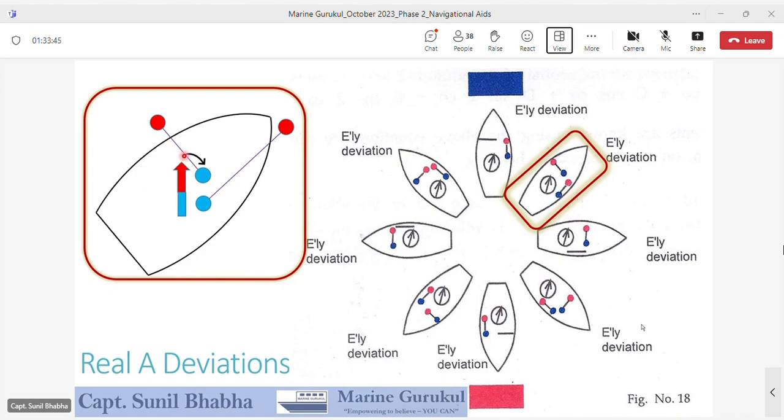So you see the compass has to swing clockwise again, generating easterly deviation. Now, one doubt may arise that since there are two blue poles now, the deviation generated will be more powerful, but that is not the case.